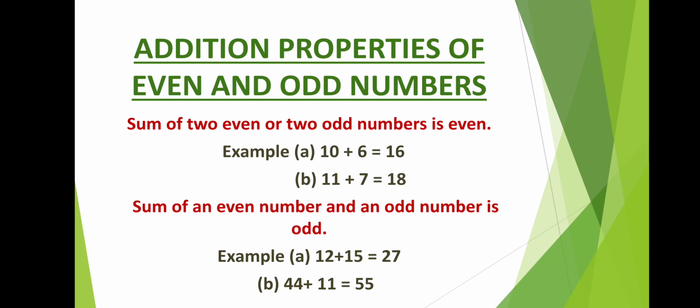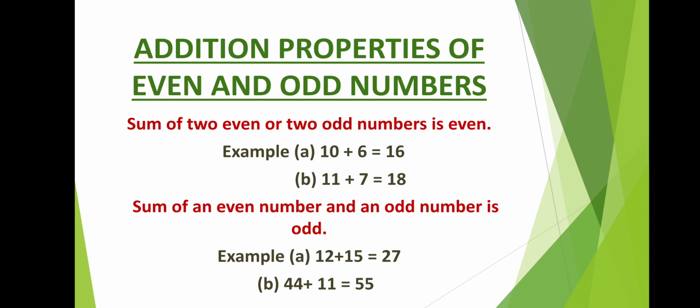According to the second addition property of even and odd numbers, when we add an even number and an odd number, the sum is always odd. Look at the examples. 12 plus 15 is 27. 12 is an even number and 15 is an odd number.